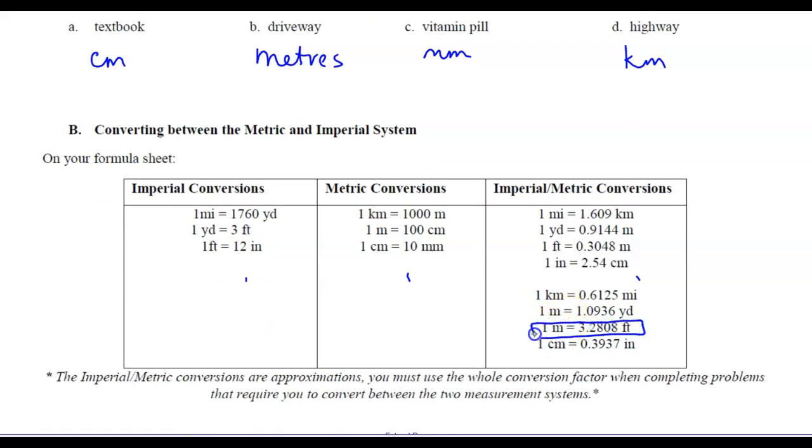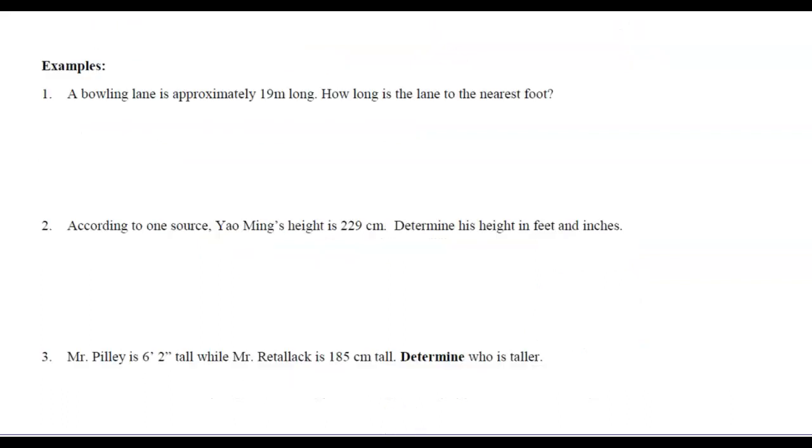We do. If you didn't, maybe you would have to go meters to yards and then yards to feet, but it's given to you, 3.2808. So 19 meters times 3.2808 feet in a meter.